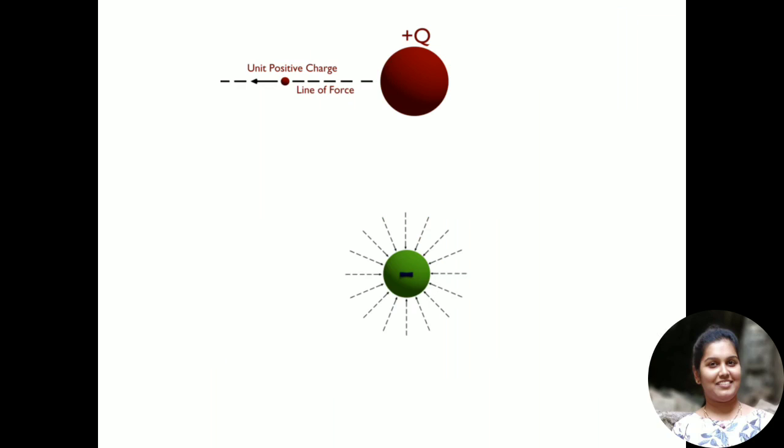Since we can place a unit positive charge at an infinite number of points in an electric field, theoretically there will be an infinite number of lines of force in the field of an electric charge.